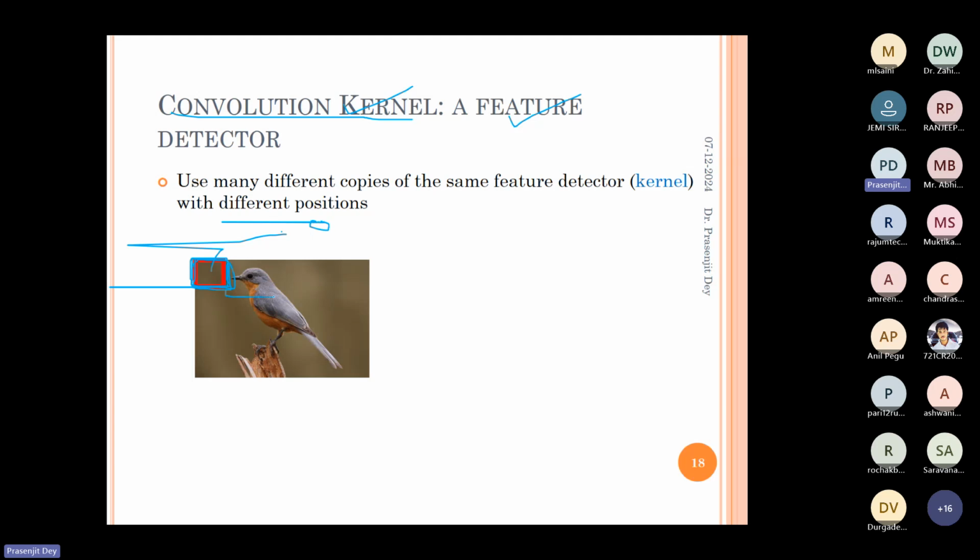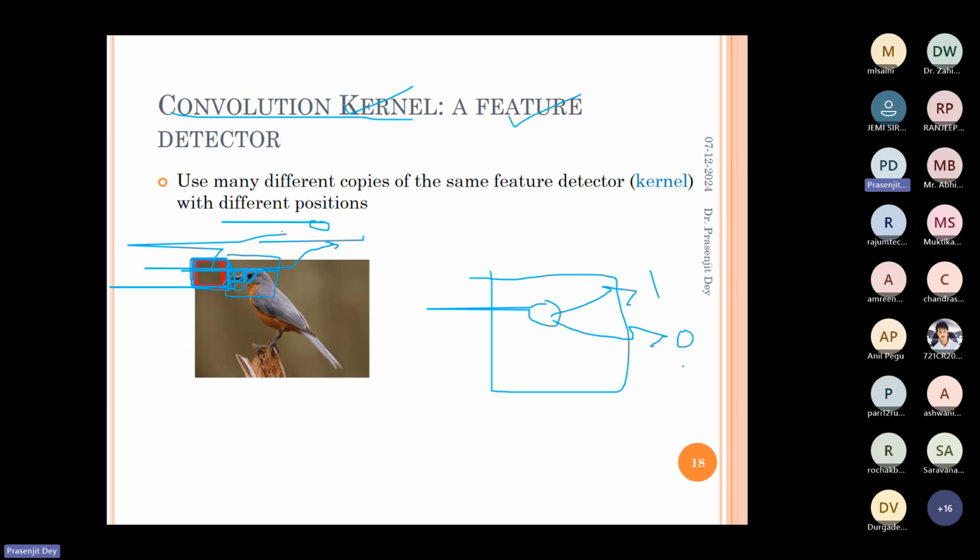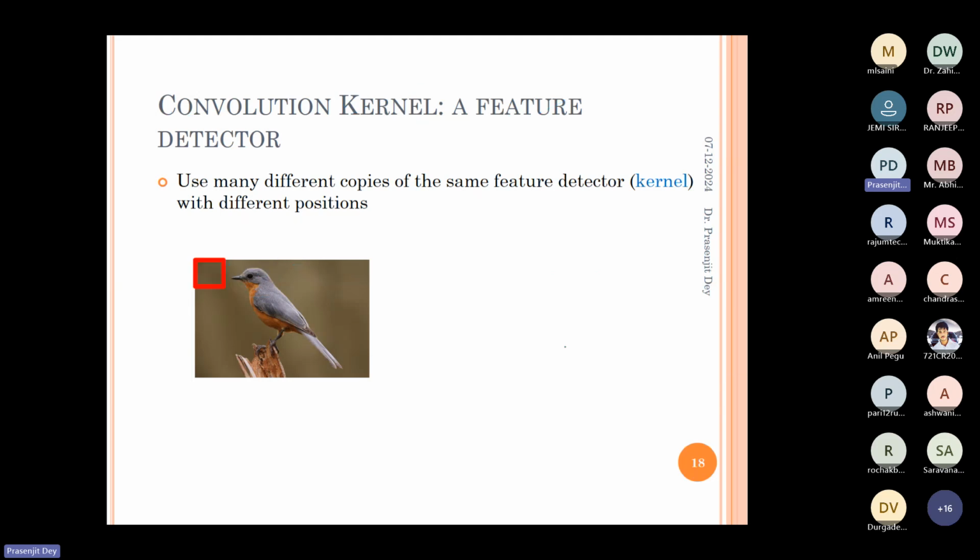Now when it moves further, it will be able to identify that the beak of the bird is present in that region, so it will send an output of 1. So a particular hidden node in the convolution layer will send a high value 1 when it is able to find the feature, and it will pass a value 0 if it fails to find the feature. That is the working principle of a convolution neural network.